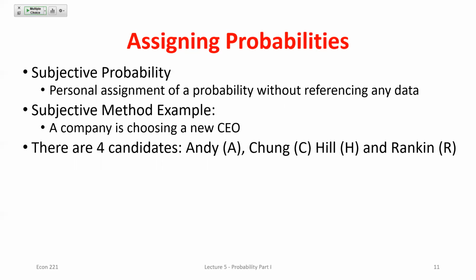I'll give you an even more extreme example. Let's say this Andy guy works at the company, working right underneath the CEO. They fired their old CEO and they really want to hire him, but HR says you have to interview at least 4 candidates. Well, in that situation, the probability that Andy gets the job is like 0.9999.